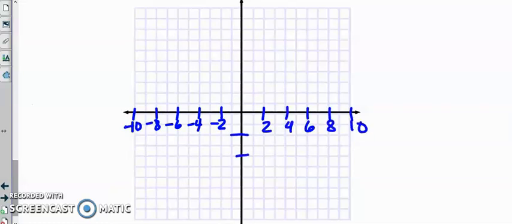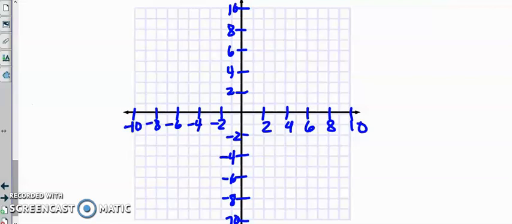Labeling is very vital and very valuable. All right, we get that part. And 2, 4, 6, 8, 10. All right, so we have the graph labeled, and we go ahead and do all of our parts.